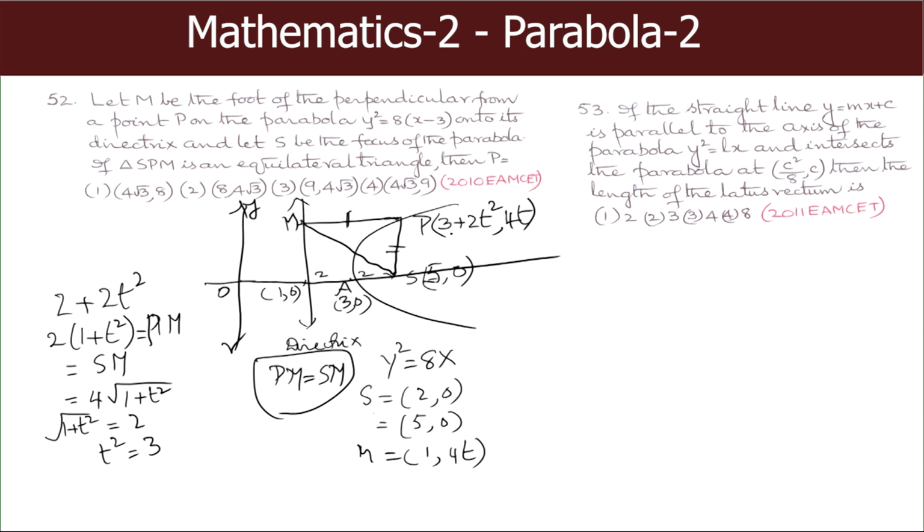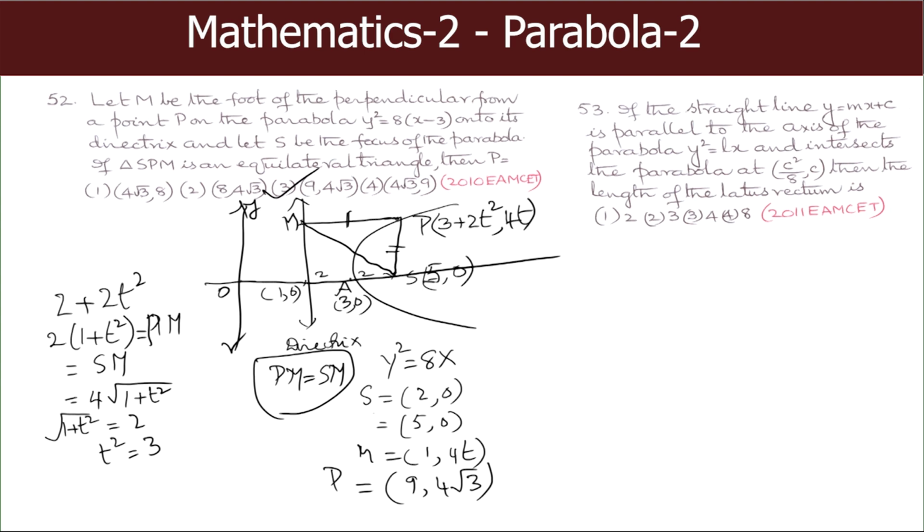When t² equal to 3, what is P? 6 plus 3, 9, and t equal to root 3, 4 root 3. So, this point P is (9, 4 root 3), which is the point on the parabola, that is the third option. EAPCET question.